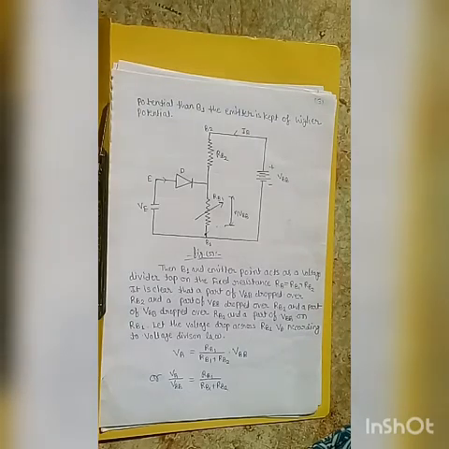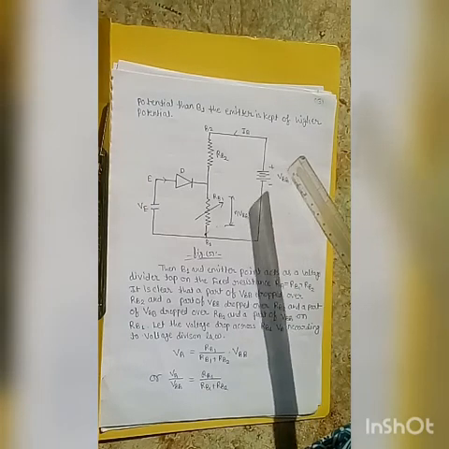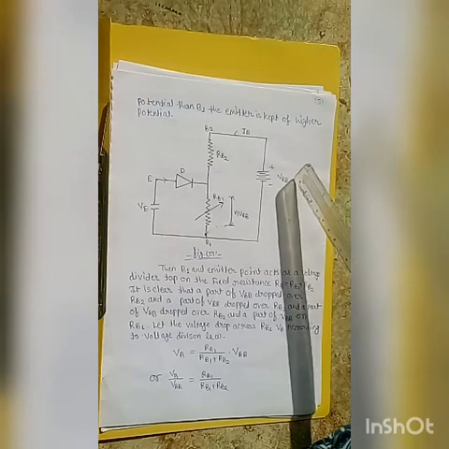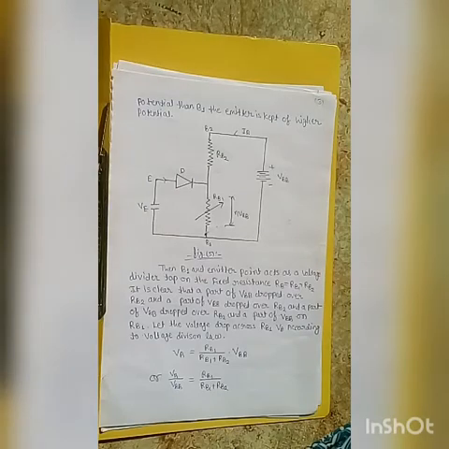It is clear that a part of VBB is dropped over RB2 and a part of VBB on RB1. Let the voltage drop across RB1 be VA according to voltage division law.